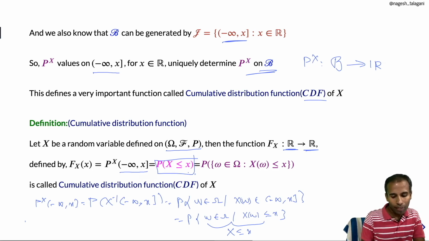Knowing CDF values at x means knowing the probabilities of the events (minus infinity, x]. So knowing these CDF function values will uniquely determine the probability distribution P_X on the whole Borel sigma field. That's why it's enough to study the CDF to study and understand the probability distribution of the random variable X. From now on, our focus will be mainly on the CDF.